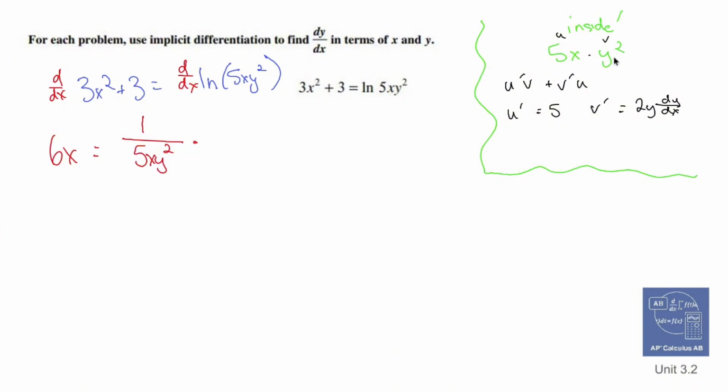Now, when you take the derivative of a y with respect to x, you have to attach dy/dx. So what now? Well, u prime v is 5 times y squared, plus v prime, which is 2y dy/dx, times u, which is 5x.